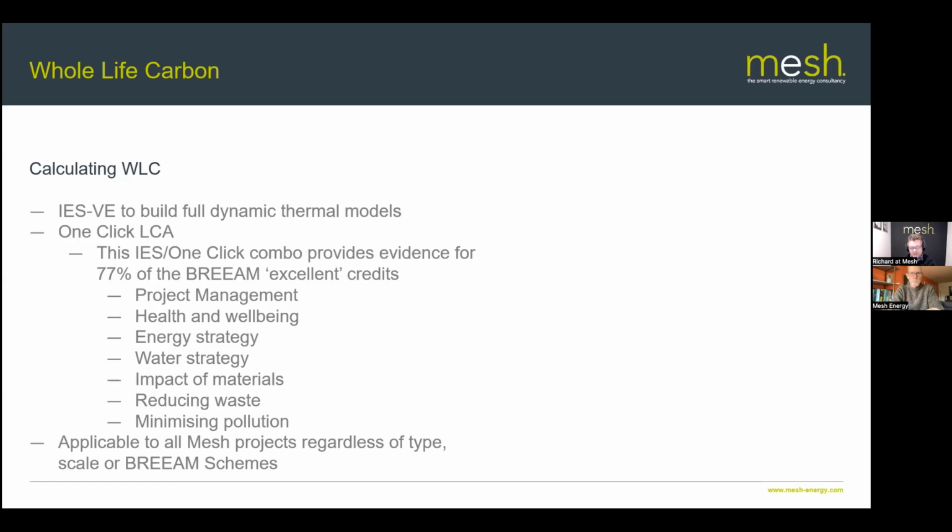And we apply this to all our projects, regardless of type, scale, or BREEAM scheme. So we've used this on hotel and leisure, civic offices, right down to domestic schemes as well. So it's perfectly scalable and consistent.